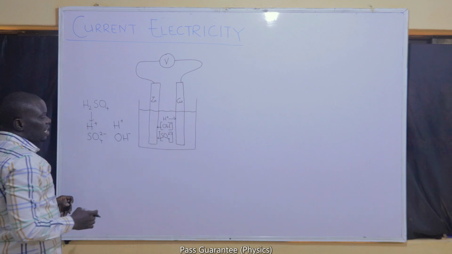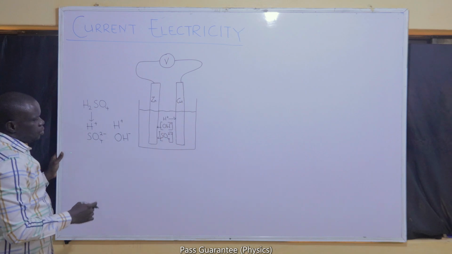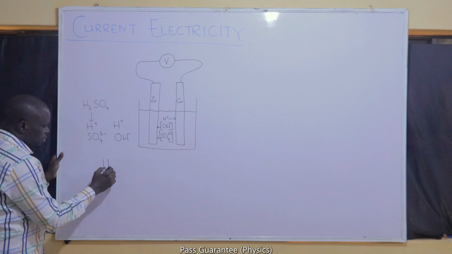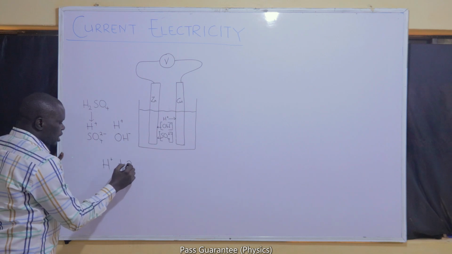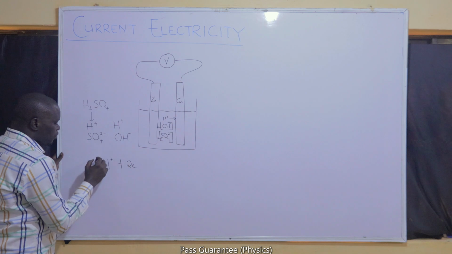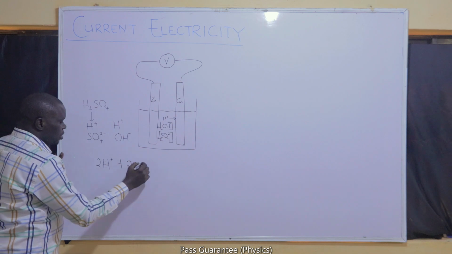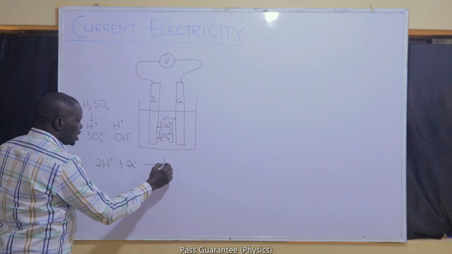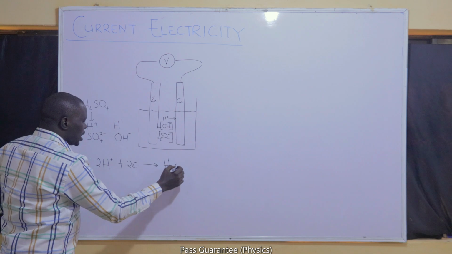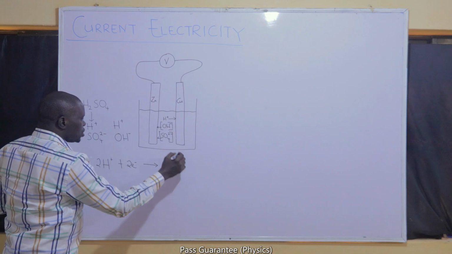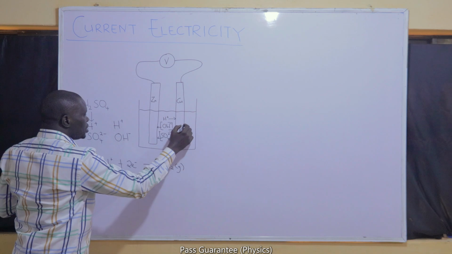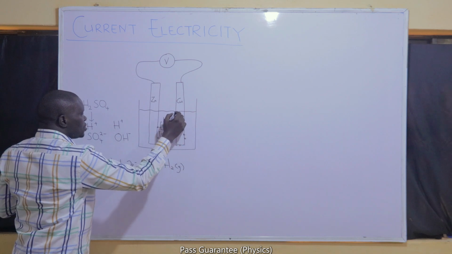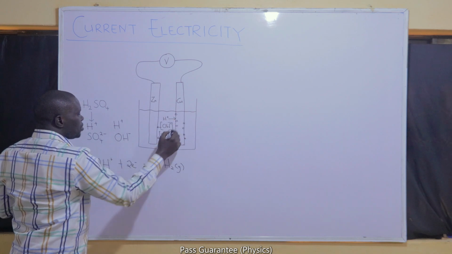The H plus goes to copper, and two of H plus take two electrons and become discharged as hydrogen gas.